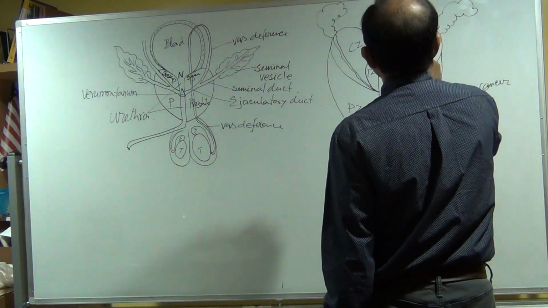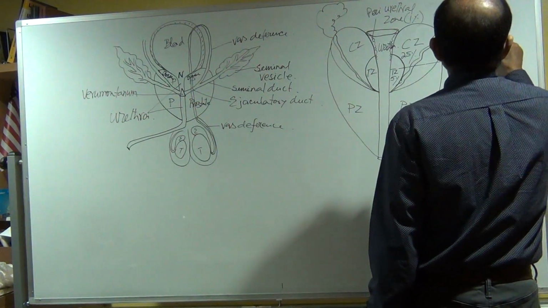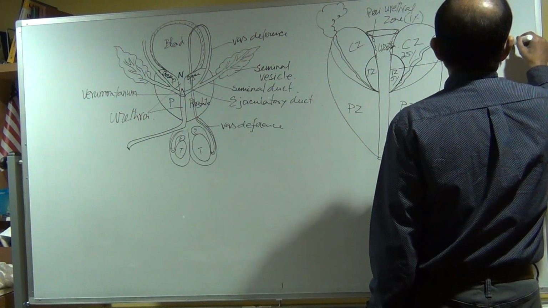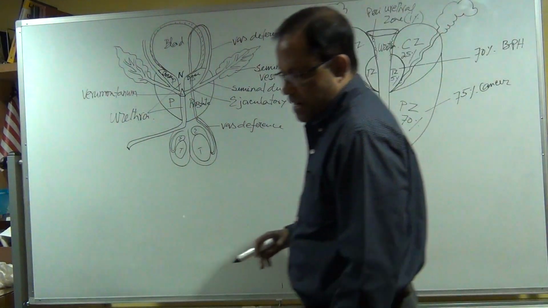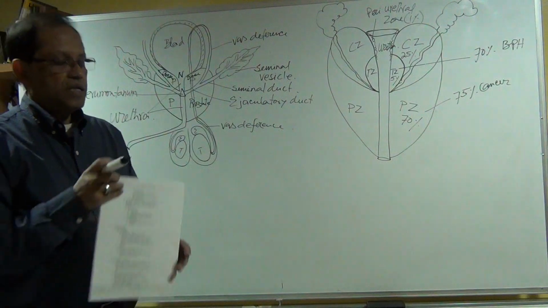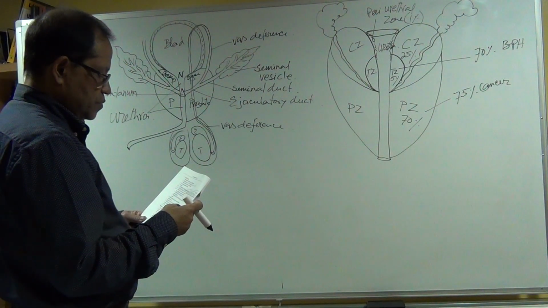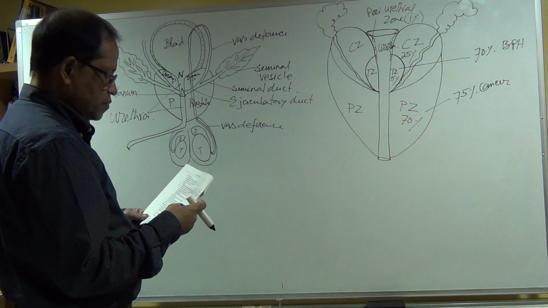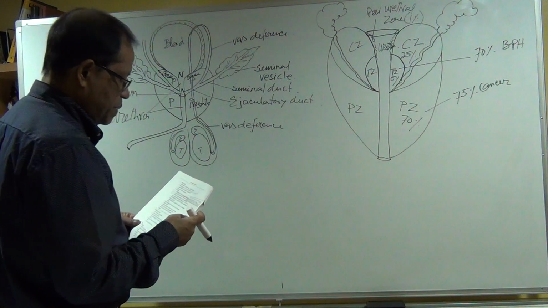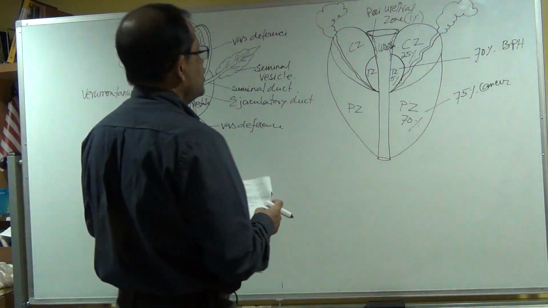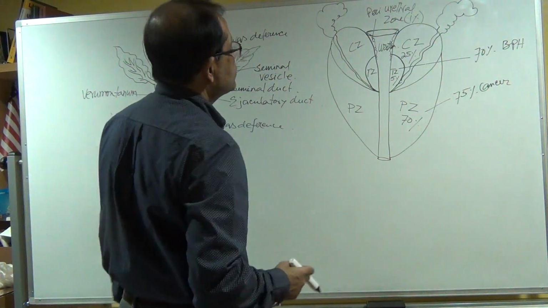But in the transitional zone, 70% BPH, benign prostatic hyperplasia, happens. It is the common site of BPH, and 20% cancer can happen in the transitional zone.